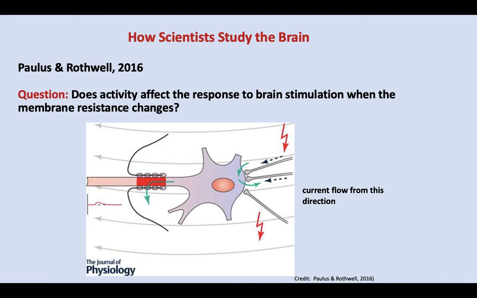Their hypothesis was that this transmembrane resistance plays a role, and they are using transcranial direct current stimulation and transcranial magnetic stimulation to see what these neurons are doing. They also wanted to see whether the person being active, with voluntary action, or at rest, with the neurons at rest, plays a role, and what that change in response would be.